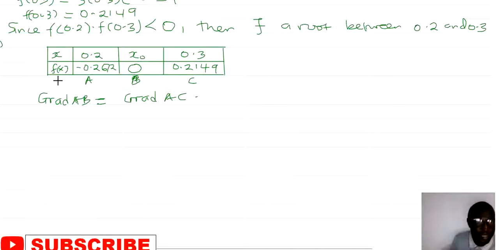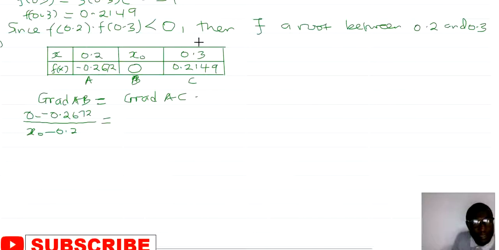Hope you really understand it. So gradient AB is equal to gradient AC. So this is A, this is B. We are getting the gradient. So 0 minus negative 0.2672 divided by x0 minus 0.2 is equal to gradient AC.